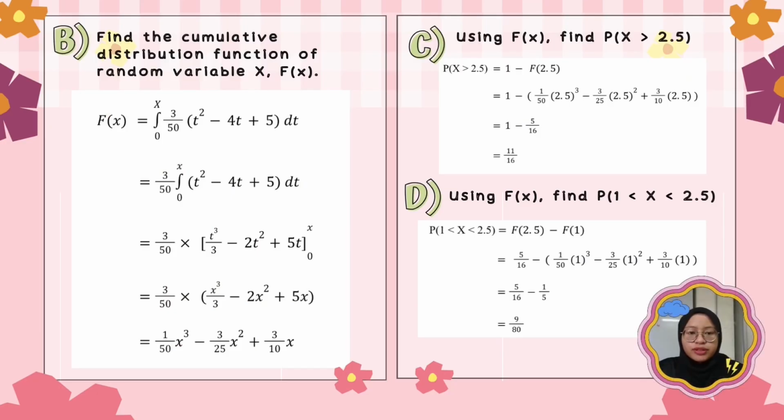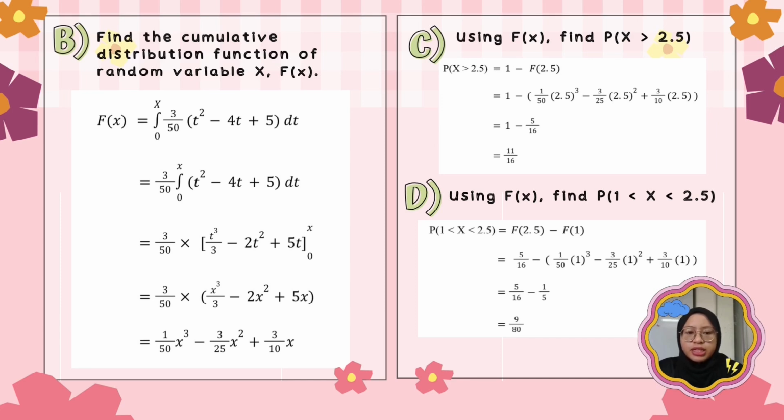Next, find the cumulative distribution function of random variable x. The symbol is capital F(x). First, we need to substitute x in the original equation into t. So the equation becomes 3 over 50 times in bracket t squared minus 4t plus 5.